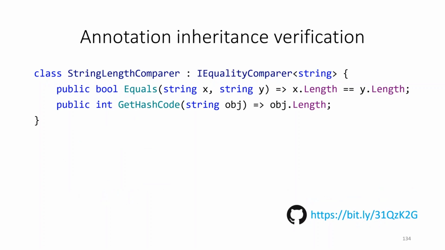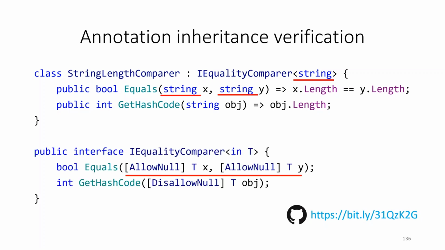And annotations are now checked with respect to inheritance. For example, I could have the string length comparer implemented for non-nullable strings, and I might think that it's okay because I'm implementing my comparer for non-nullable strings, so I'm comparing non-nullable strings, and it's not really obvious from this signature that actually the equality comparer allows nulls with attributes that I didn't inherit.